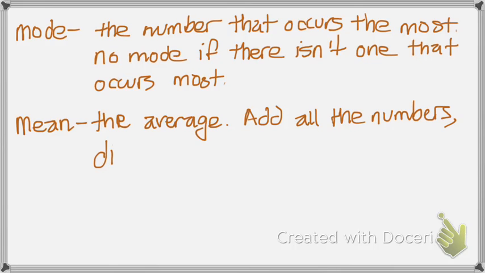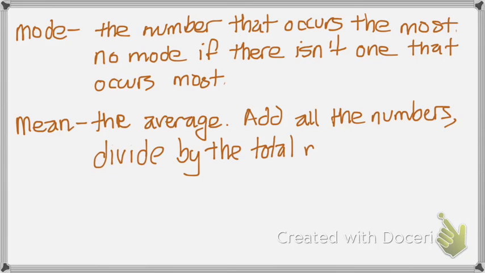Then divide by the total number of numbers. So if there's 10 numbers, you divide by 10. If there's 12 numbers, you divide by 12.